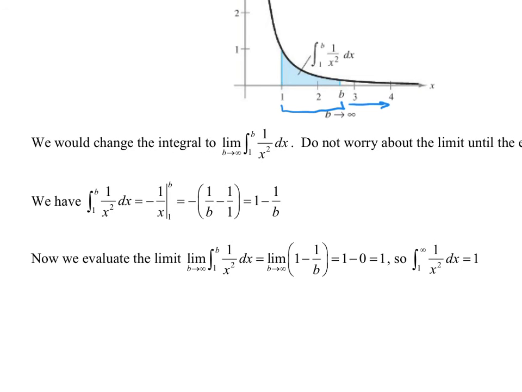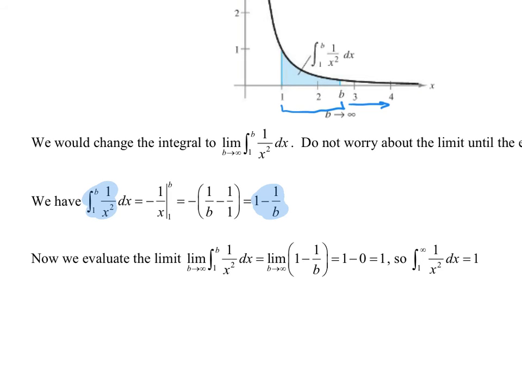But we still need to plug in our limits of integration, the 1 and the b. You plug in the b first, and then you plug in the 1. When I simplify, the definite integral ends up being 1 minus 1 over b. So numbers and letters, and that's a good thing.